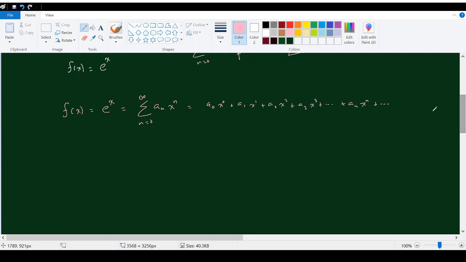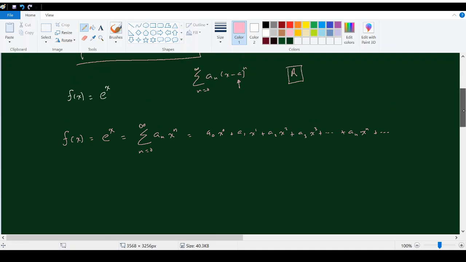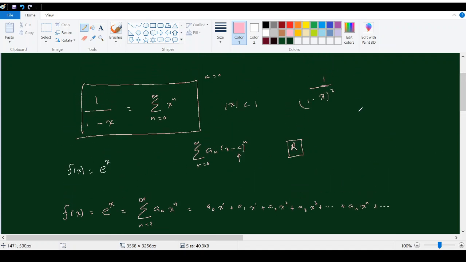So here we are trying to find the coefficients directly without getting help from any other source, right? But it was not the case when we dealt with these kinds of functions in the previous section, right?